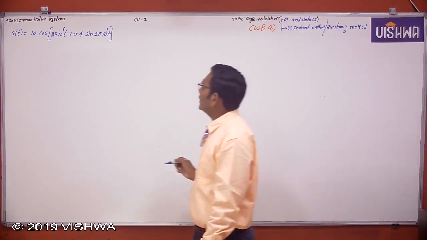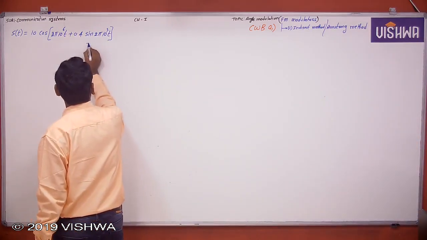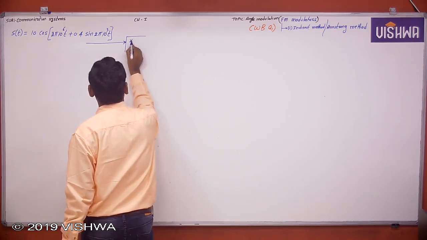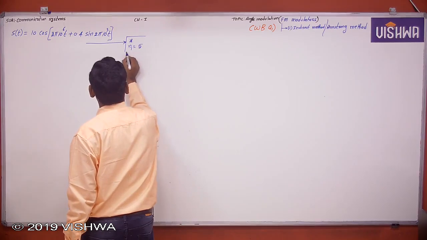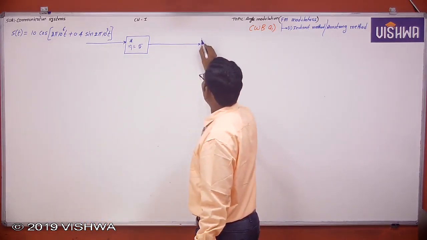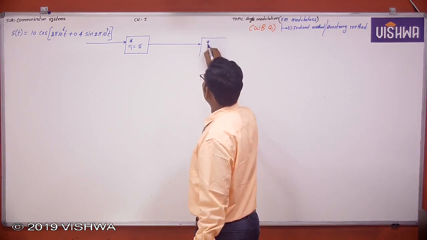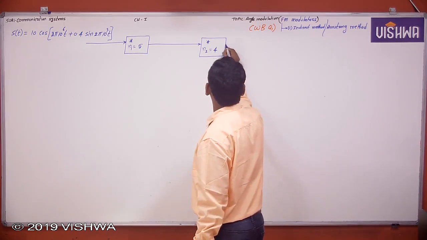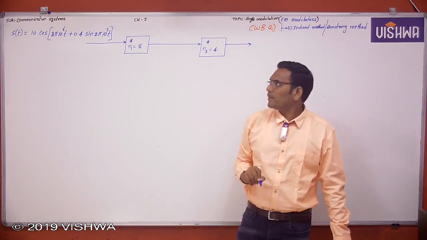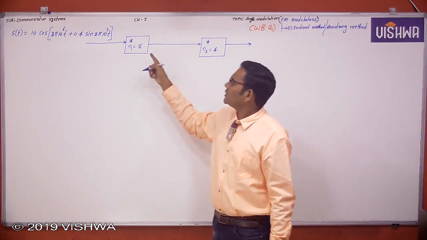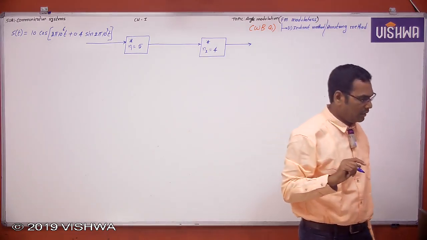This signal is passed through two frequency multipliers which are connected in cascade, and whose multiplication factors are 5 and 4 respectively.